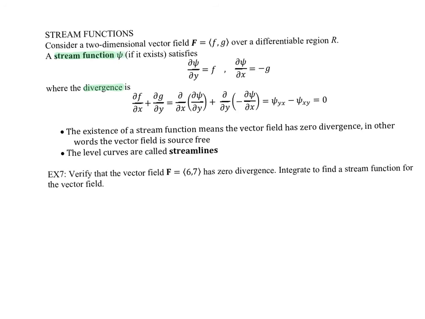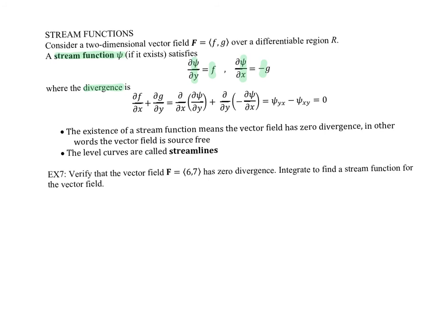It's going to satisfy the condition that the partial derivative of psi with respect to y is the f component of the vector field. The partial derivative of psi with respect to x is negative the g component of the vector field.